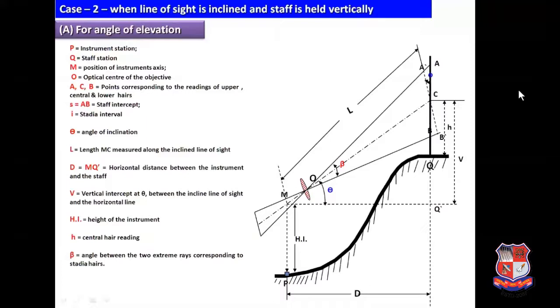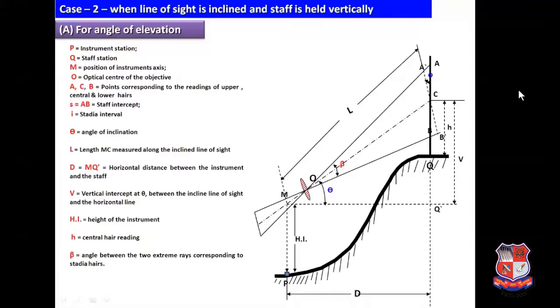Capital L is equal to length MC measured along the inclined line of sight. Capital D is equal to MQ dash, that is the horizontal distance between the instrument axis and the staff. Capital V is the vertical intercept at theta between the inclined line of sight and horizontal line of sight.